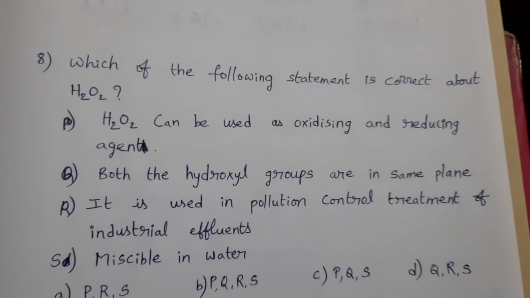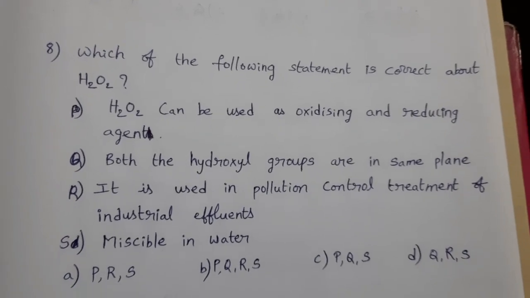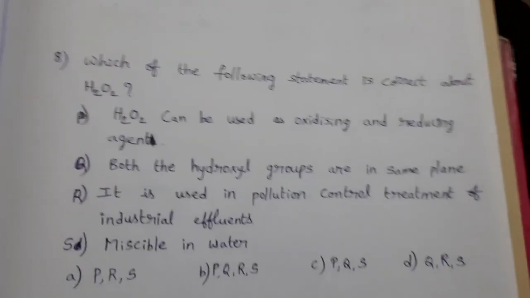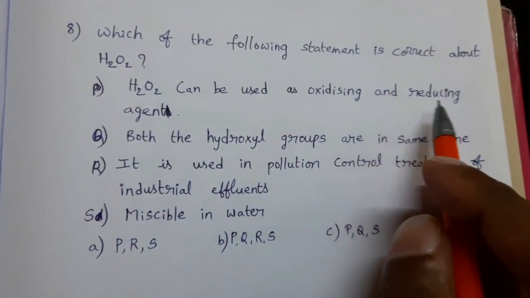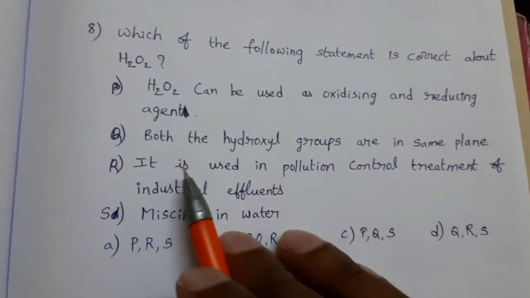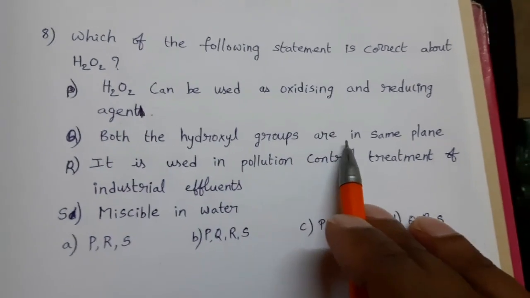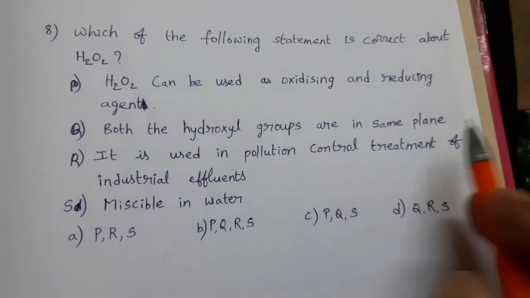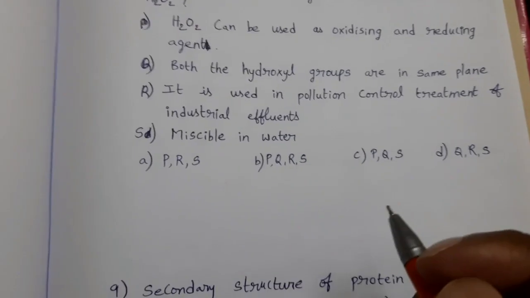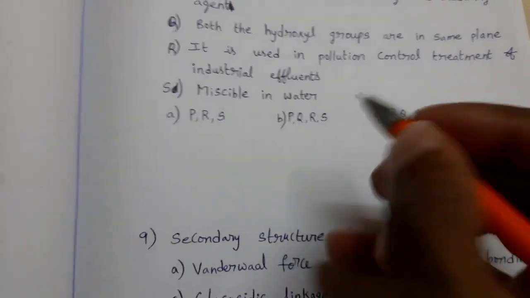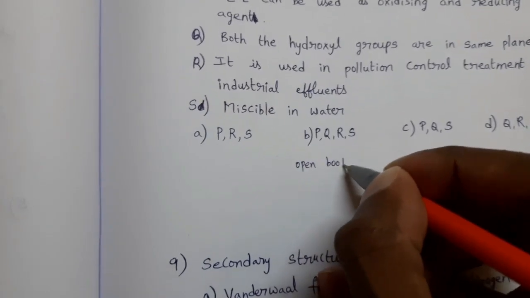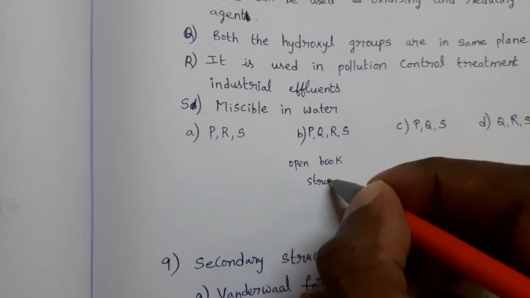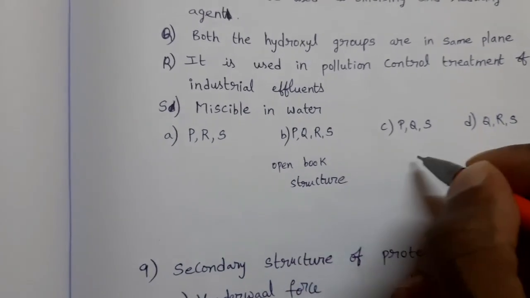Which of the following statements is correct about H2O2, hydrogen peroxide? H2O2 can be used as an oxidizing and reducing agent. That is correct. Both the hydroxyl groups are in the same plane. This is wrong. See this structure of H2O2. H2O2 has an open book structure.